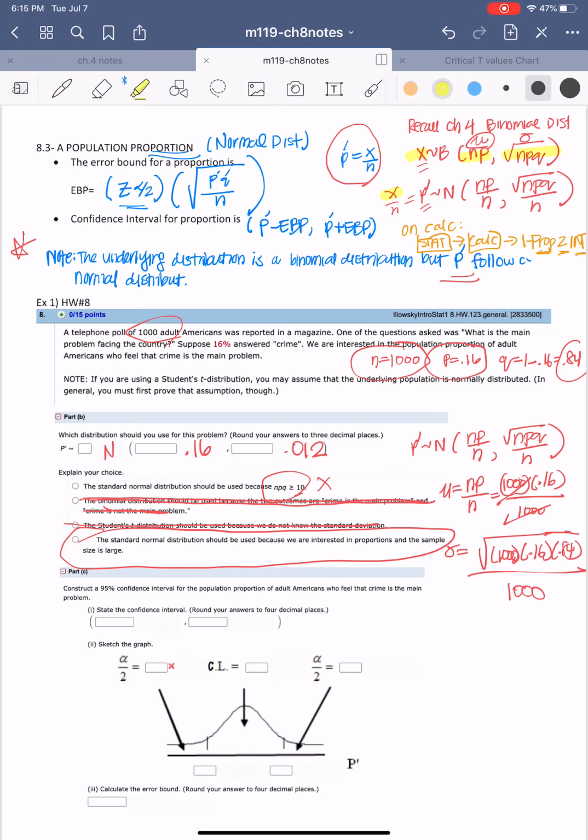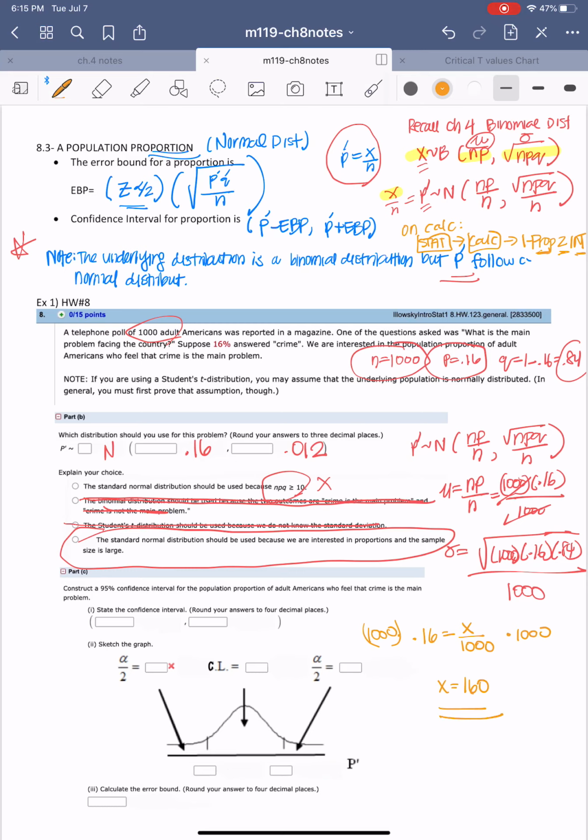So I have to do a little bit of work. p hat is 0.16, x is unknown, but I know the sample size is 1,000. So how do we solve for x? Multiply by 1,000. So you have 0.16 times 1,000, and x equals 160. In other words, 160 divided by 1,000 will give you 0.16.